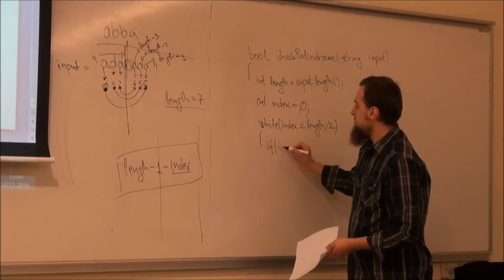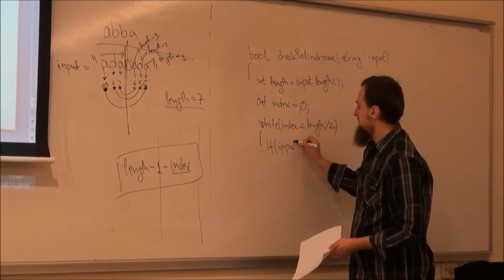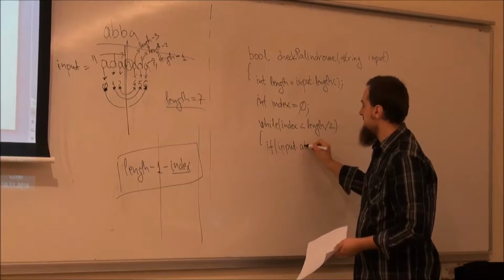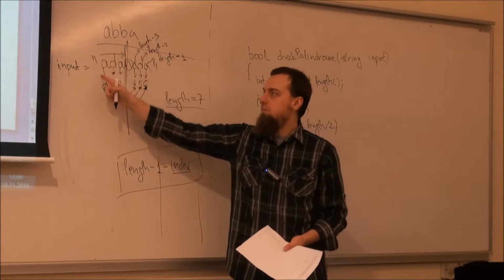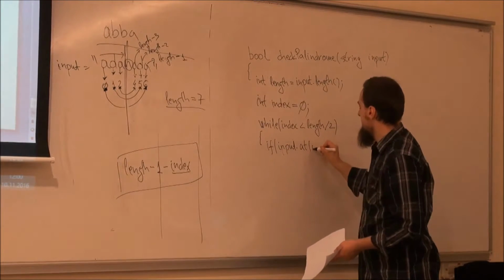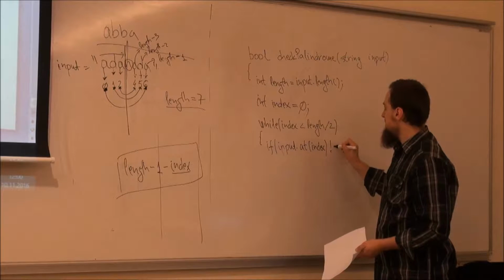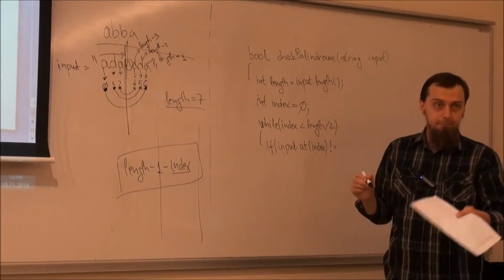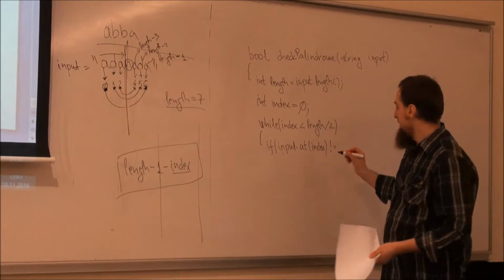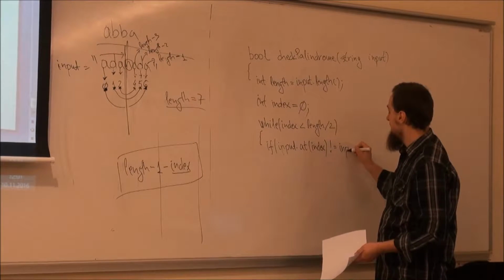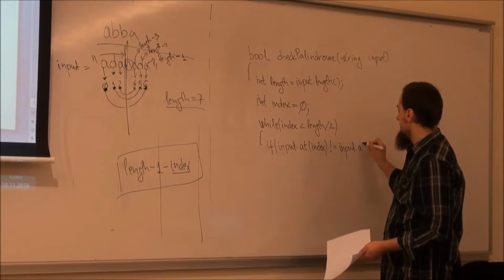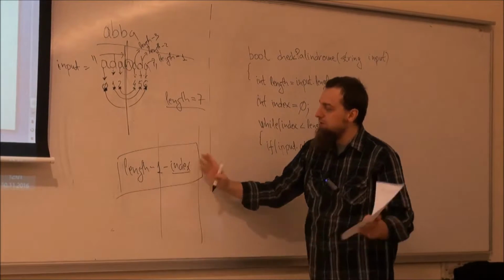So, how are we going to do that? If input at index is not equal to what? Exactly, this is your formula. I mean, if you are wrong, you are wrong.